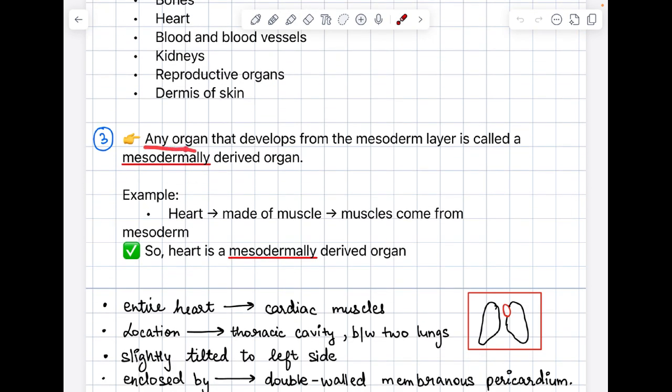And any organ that develops from the mesoderm is called mesodermally derived organ. Now I hope that you have understood this term and you can easily explain to others.